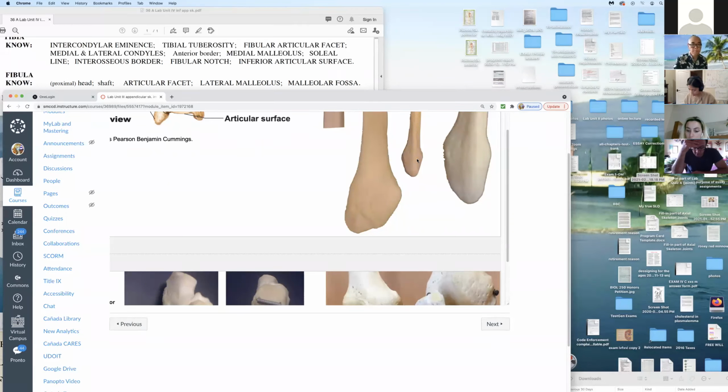Okay. Then the next thing I need them to do is to figure out whether this is left or right. So now they need to look at the medial side of that lateral malleolus. On the medial side, that's what you see. And I need them to look for that item that is referred to as the malleolar fossa, talking about this one.